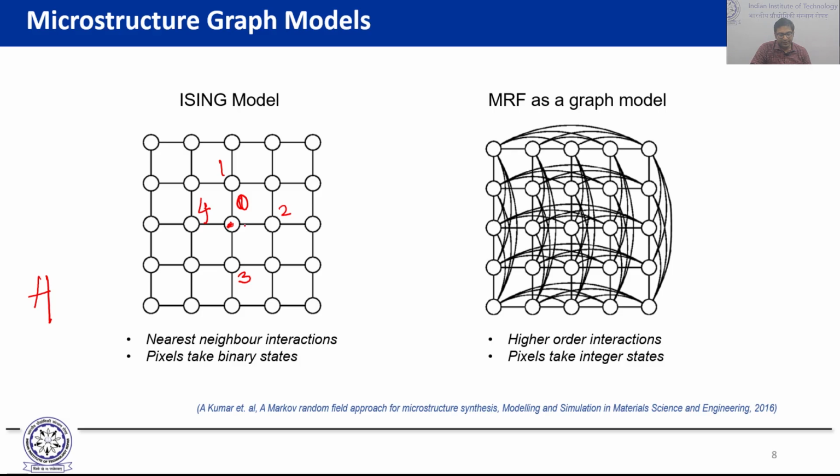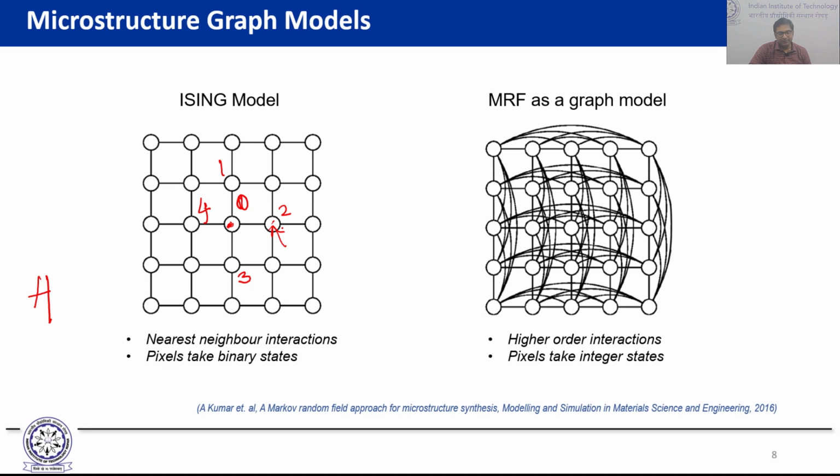So basically, depending on what type of neighbor is sitting next to my reference atom, I can have an interaction energy. And then what I do in case of a model like the Ising model is, I will try and see if I can flip the state of these atoms and then recalculate the energy.